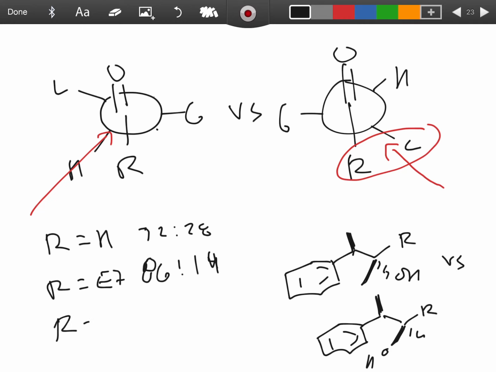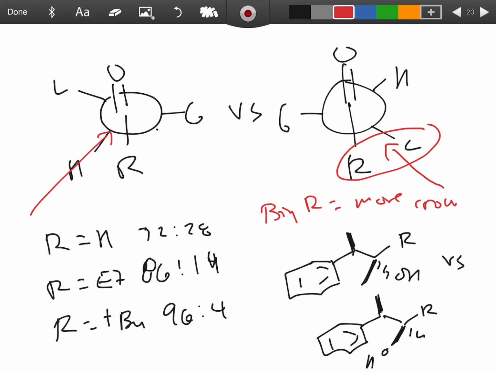Now, if you go to tert-butyl, right, kind of our default biggest group, now you get 96 to 4, because as you get bigger, the bigger R gets, the more crowded this conformation gets, and the harder it is to get to the carbonyl carbon.